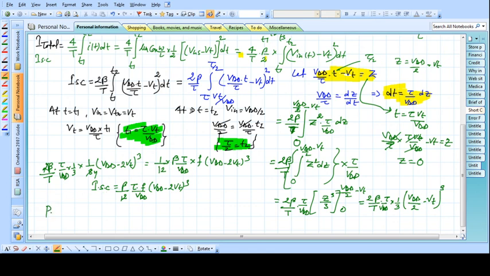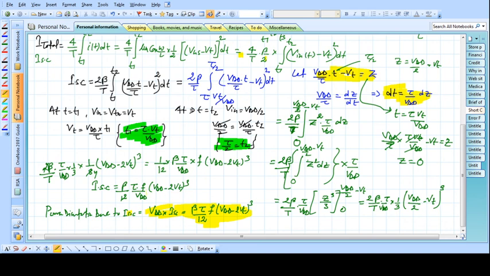Now the power dissipation due to ISC, the short circuit power, should be VDD into ISC. So VDD will be cancelled, and it will give beta tau f by 12 times (VDD minus 2 vt) whole cube. So this one is the final expression for the short circuit power dissipation.